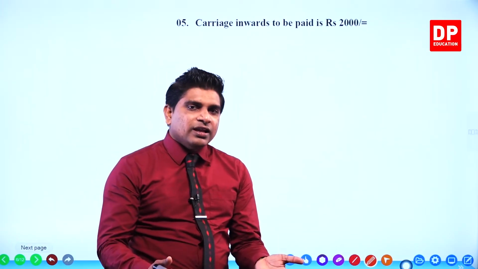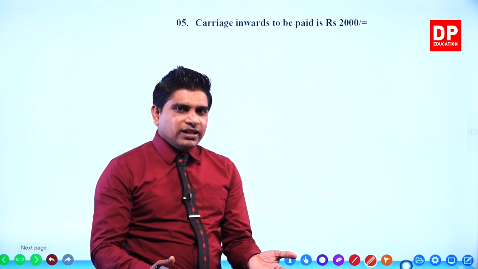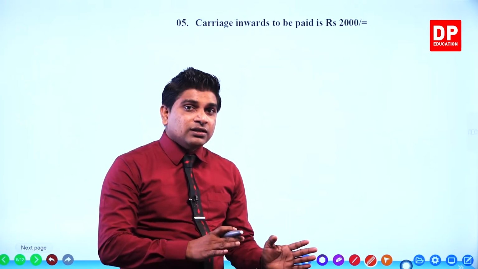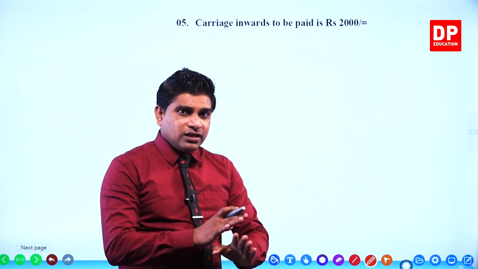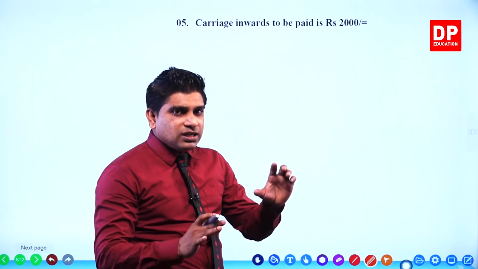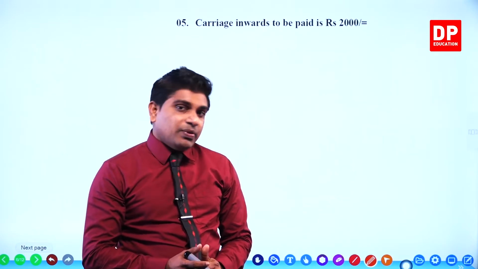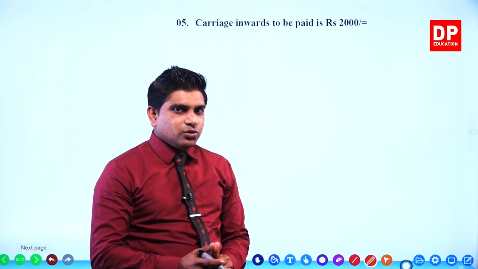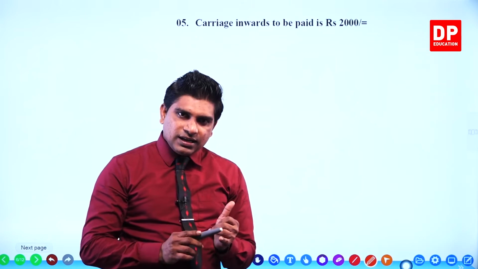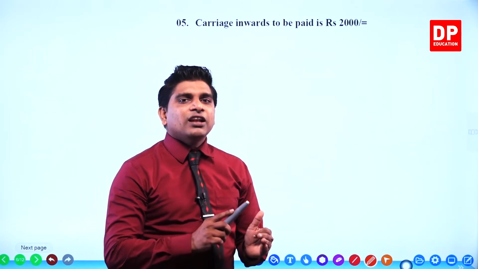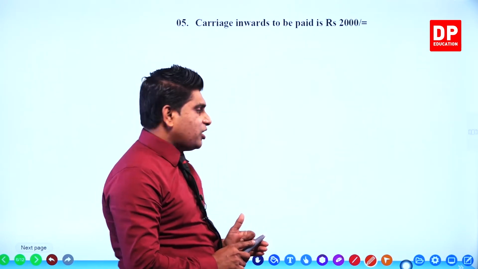You have to pay 2,000 carriage inward expense. They didn't tell how much they have paid, so you consider this is the amount of carriage inwards expense to be paid. Using the double entry, you enter the details in the general journal, ledger accounts and financial statements.